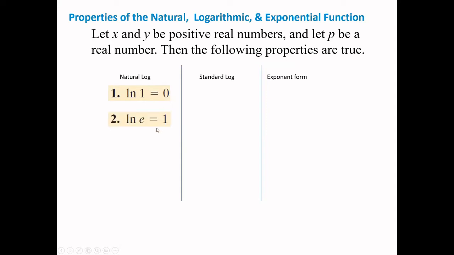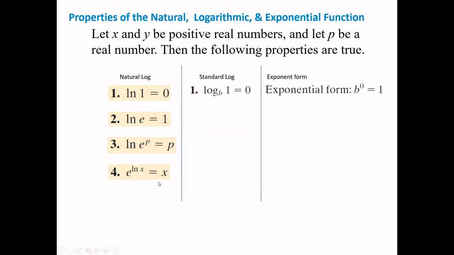Natural log of e is 1, because remember, this is log base e of e. Natural log, or log base e, of e to the p gives you p. And e to the log base e of x gives you x.